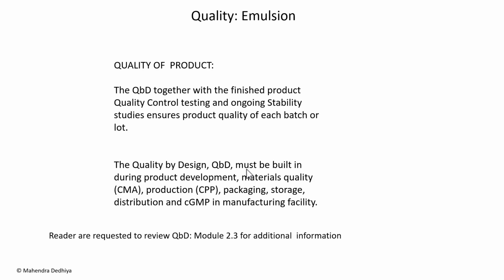It is done through identifying CQA, critical quality attributes, and related critical material attributes, CMA, and critical process parameters during production, packaging, and storage. Readers are requested to review module 2.3 for additional information.